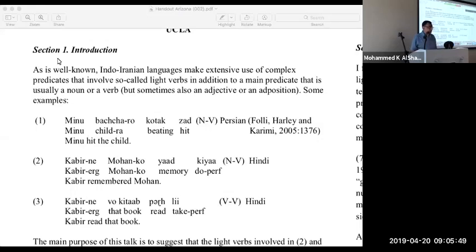But we do have a specificity marker of the sort that Persian does have. Coming here was beneficial for me because I learned certain facts about Hindi by listening to the talks in Persian, especially about the distribution of indirect objects and direct objects. That's a new way of thinking about Hindi for me.